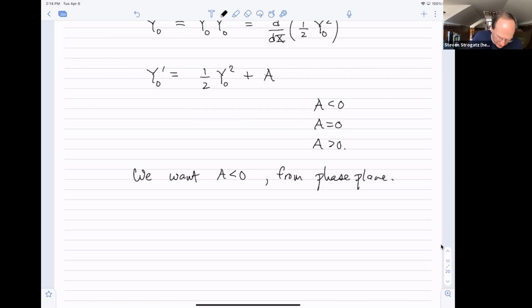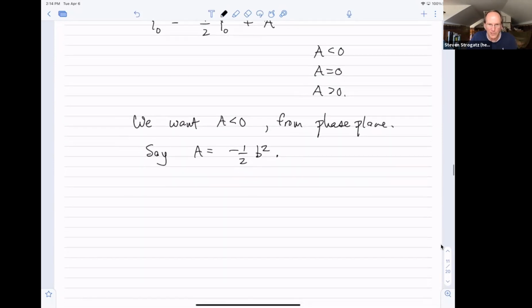So let's say that A is, just to make the algebra come out nice, negative a half b squared, for some constant b, to ensure that I get a negative number. That gives me the nice equation y0 prime is 1/2 y0 squared minus this thing I'm calling b squared.